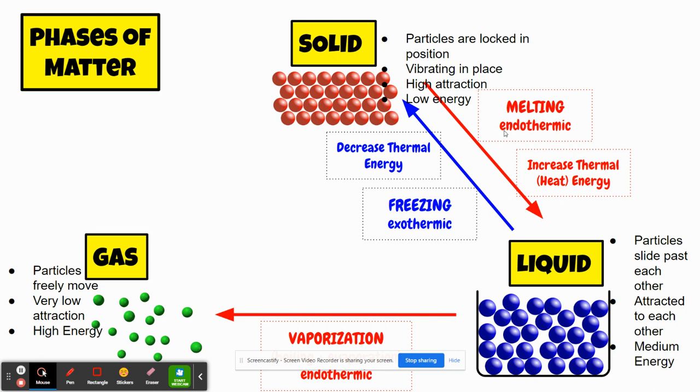That is endothermic. Heat has to enter it. If you add heat to a liquid, you're going to get gas. So the arrow is showing that you're going to add heat to it, and you're going to get a gas. Liquid to gas, endothermic.